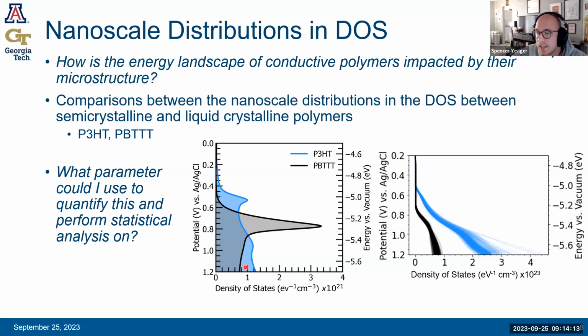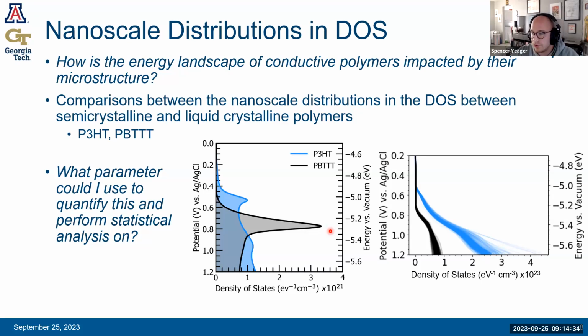Whereas PB/TTT has a very sharp density of states compared to P3HT. So P3HT is more broad in the locations of its density of states, whereas PB/TTT has this very sharp density of states feature.